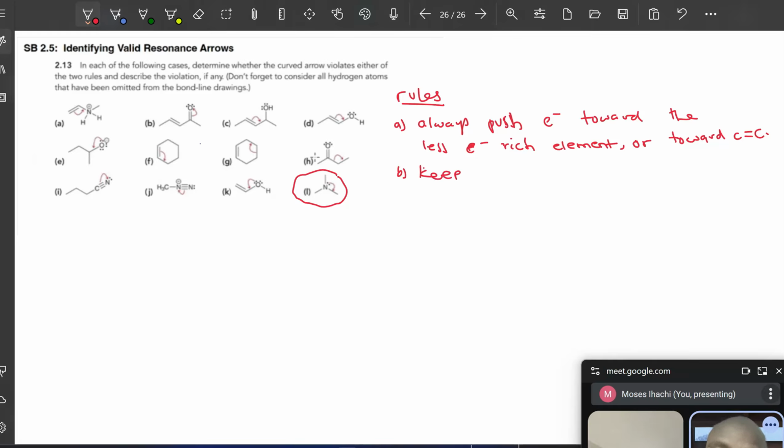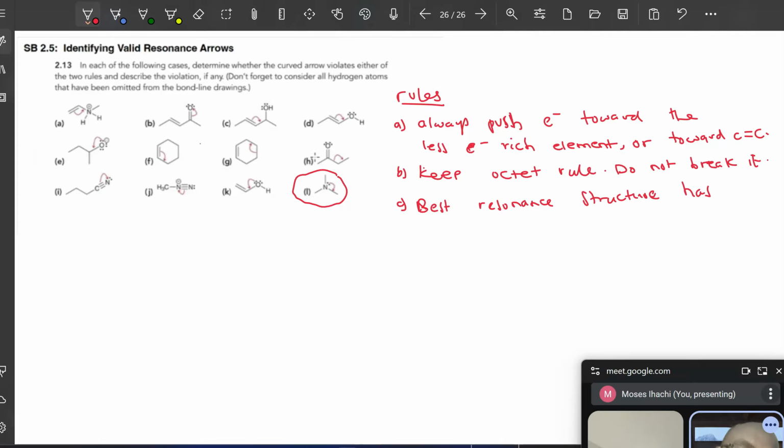Number two, you want to keep the octet rule. Do not break it. I hope you remember what the octet rule is. Yeah, everything has to have 8 electrons. Then the best resonance, if you have multiple resonance structures, has negative charge on the most electronegative element.